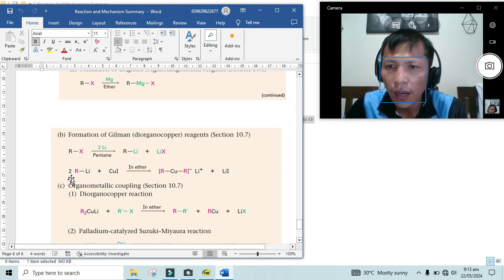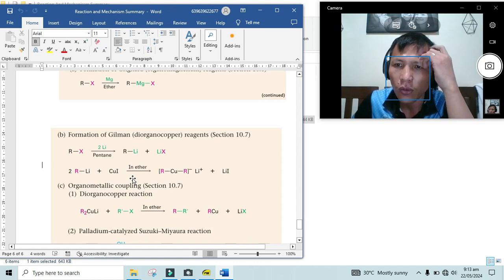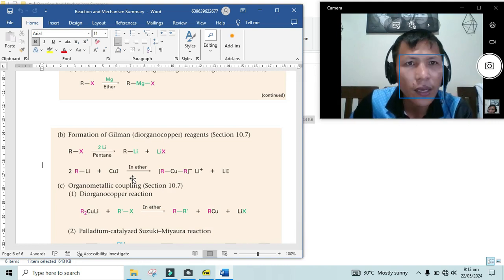And then you have 2 moles of R with a lithium, reacting with your copper iodide. So meaning an imo ini, your formation of Gilman. Anyway, may tulong.